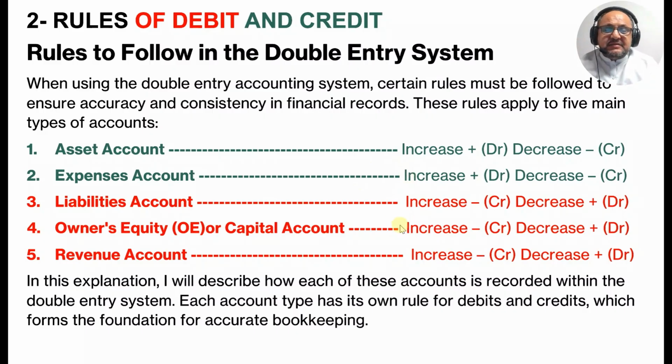And liabilities, owner's equity, and revenue. Remember, these are all three accounts where what we receive from somebody is not our own. Liabilities means, for example, I receive a loan from a bank or from a financial firm of 50,000, and I have to pay this back within a year. That's why I'm liable to pay.